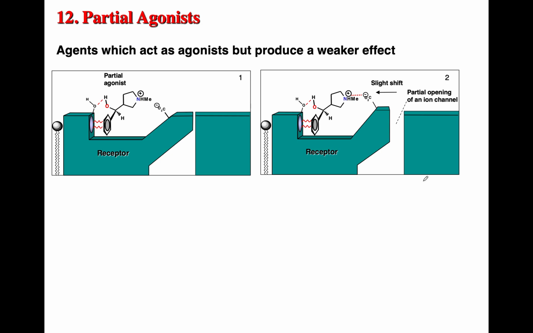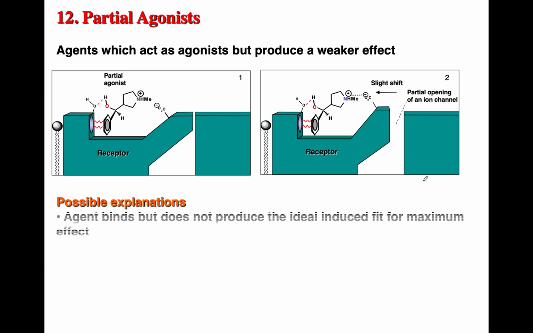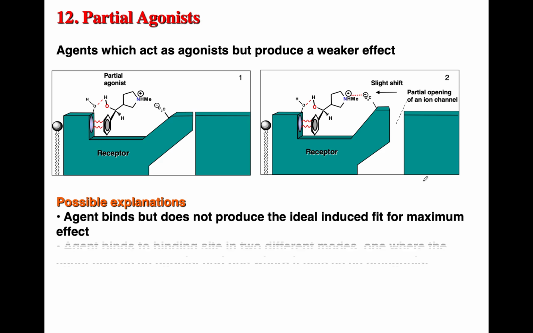So for instance, if we were looking at an ion channel, you can have the receptor binding to its messenger, causing a partial opening of the ion channel. Not a complete, but a partial opening.